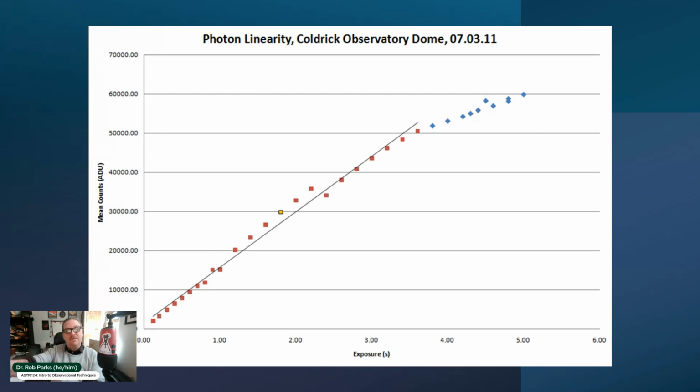It basically curves downward, so that when you increase the exposure time, you're not getting nearly as many counts as you would if it were linear. This is one of the reasons why you do not want to get a lot of counts on your targets.